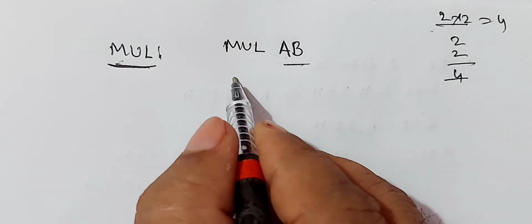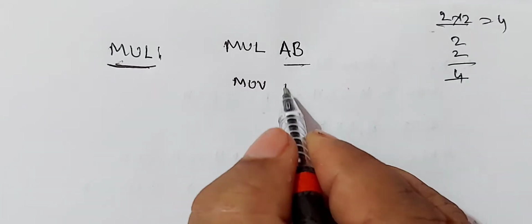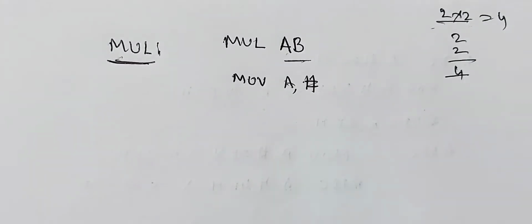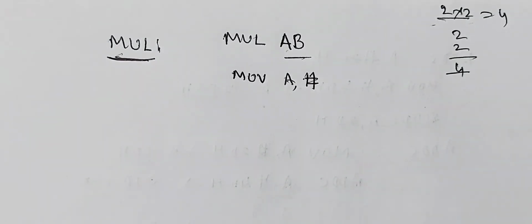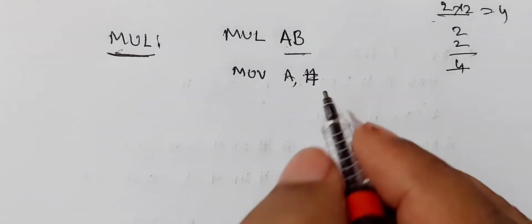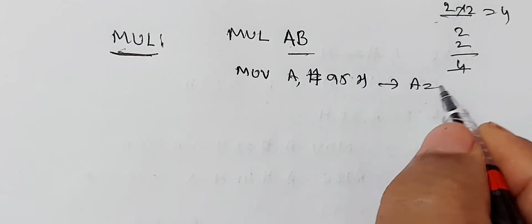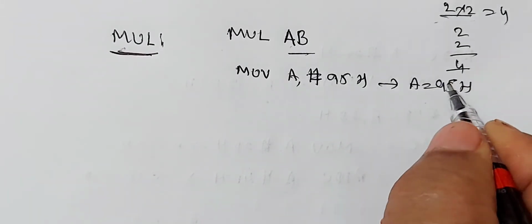Example: MOV A comma hash, I will load some value for this multiplication, say 95H. That is, now A contains 95H.